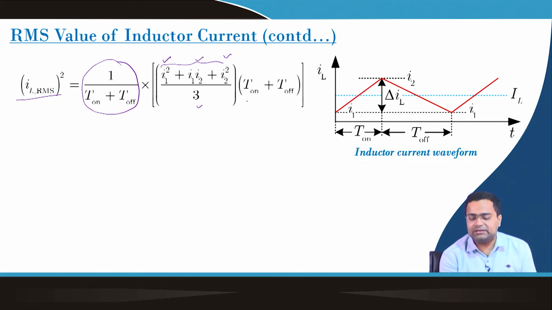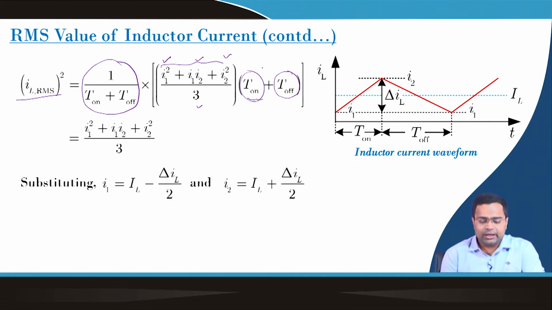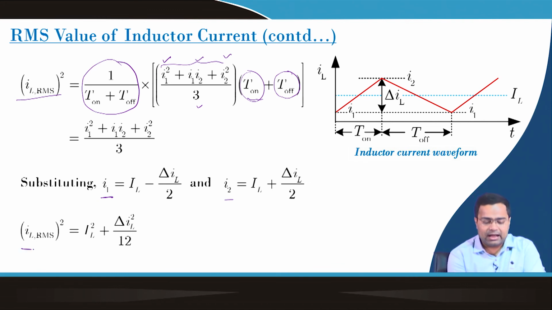Then the total time is T on, and the same expression is also common for T off. So, if we add them together, then we will get the IL RMS square as (I1 square plus I1 I2 plus I2 square) by 3. If you substitute the peak and valley current in terms of their average current and the ripple current, then you will get I RMS square is IL square, the average inductor current square, plus the ripple current square by 12.